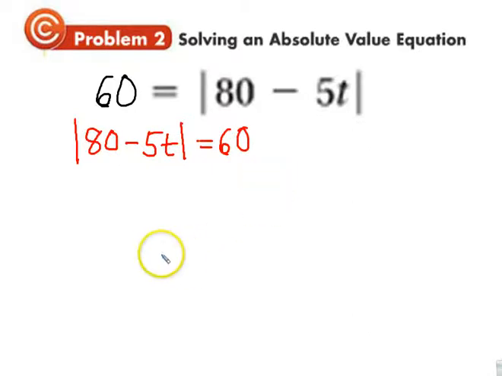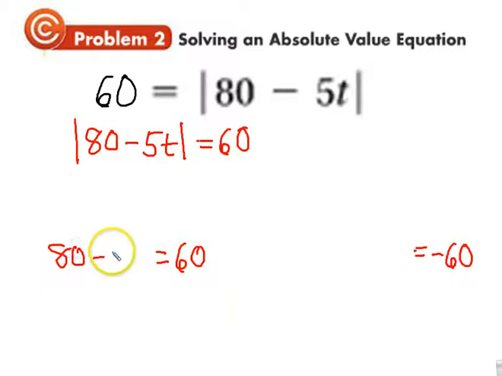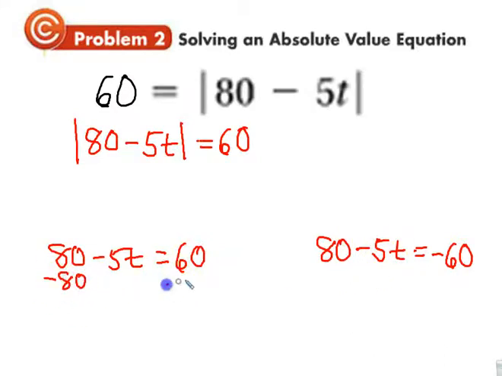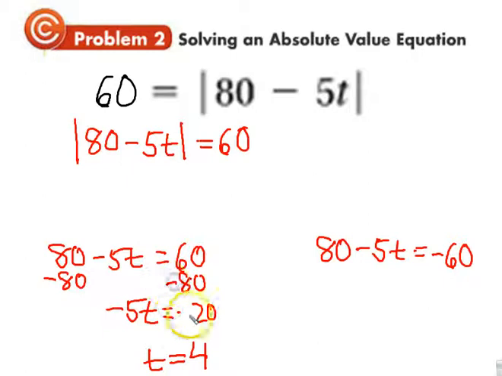Okay, so this is a little bit reversed, so I'm going to flip it. And it tells me to do 2 things. It tells me to set it equal to 60, and it tells me to set it equal to negative 60. So I'm going to drop the absolute values. I'm going to do 80 minus 5t, and here I'm also going to do 80 minus 5t. Okay, and then I'm going to solve them. So I subtract 80. T equals 4.